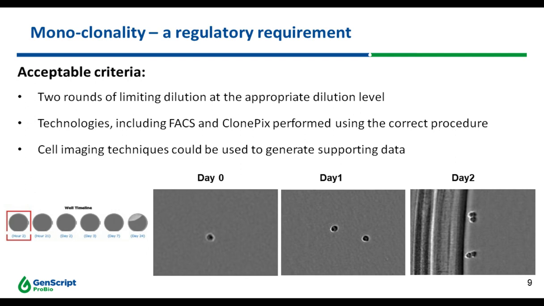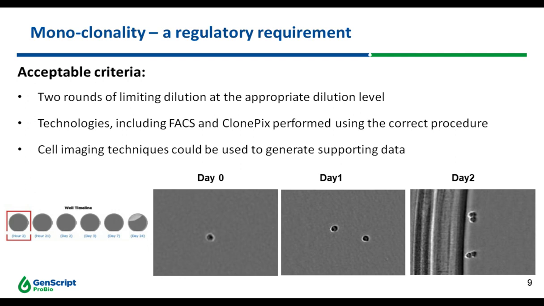If you use limiting dilution, you actually have to use 2 rounds of limiting dilution at the appropriate dilution level, so that will take much longer. And if you're using a single clone pick, you need to demonstrate that the procedure used can produce monoclonality.